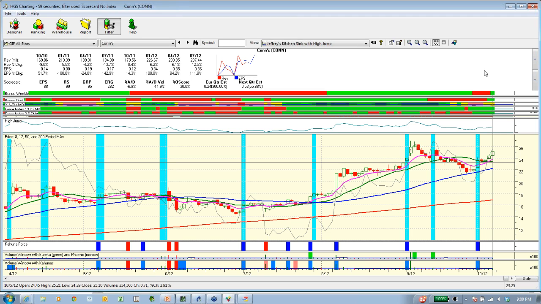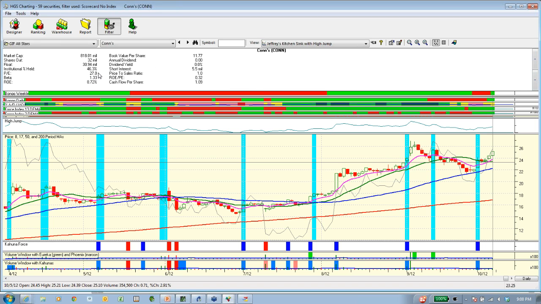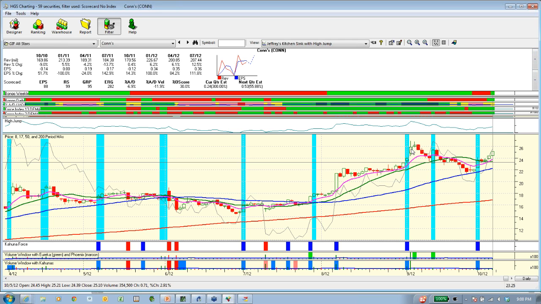Looks to me like a nice time to consider the stock. It trades at a multiple of 27, and it is the small stock. Market cap's $818 million. Larry can buy it, the whole company on a good day. Just kidding, David. And has pulled back. This looks very viable to me right here. Good earnings per share growth, and I think it is a play on the housing recovery.